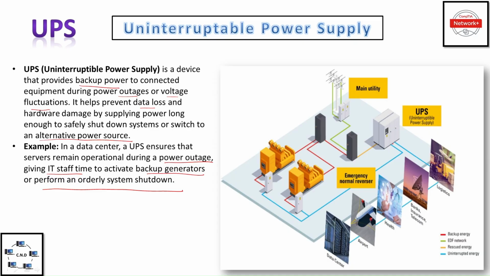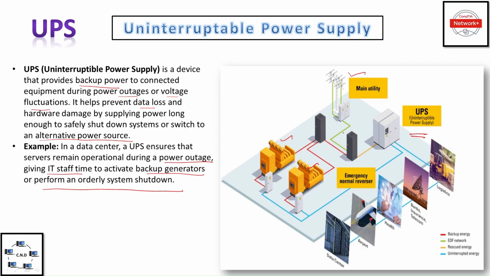So remember, in a modern data center, UPS is part of the overall power system. So there is power from the main utility, then there are multiple generators, but all these power sources pass through the UPS so that the power is stabilized.